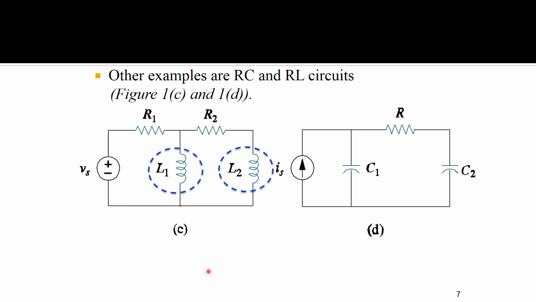Elements of the same type cannot be represented by a single equivalent element. For example, if you have two capacitors here, you cannot find an equivalent C to consider as one single element.